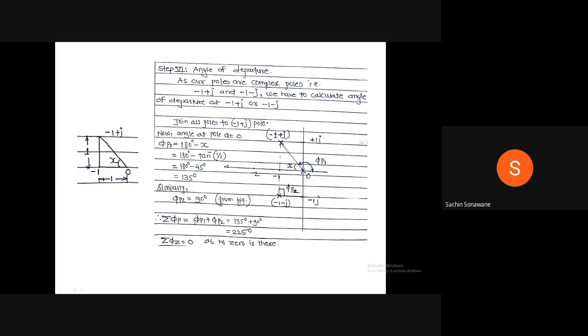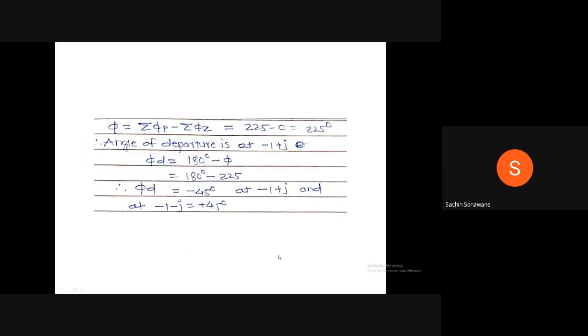Therefore, summation of phi p is equal to phi p1 plus phi p2, means 135 plus 90 is equal to 225. And summation of phi z is equal to 0 as no zero is there. Therefore, phi is equal to summation of phi p minus summation of phi z, which is equal to 225 minus 0, which is equal to 225 degree.